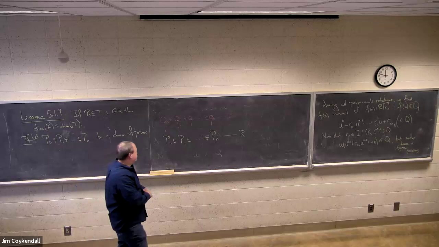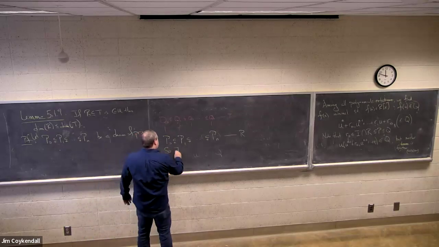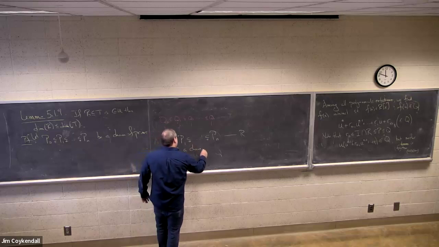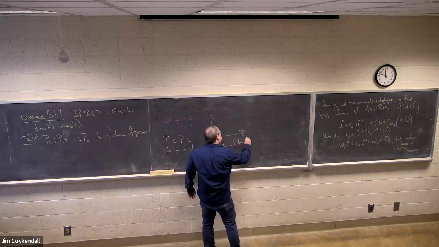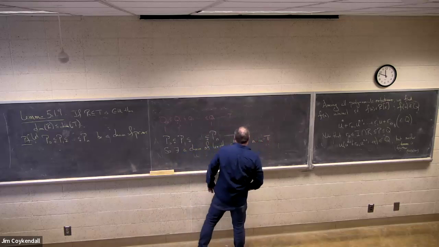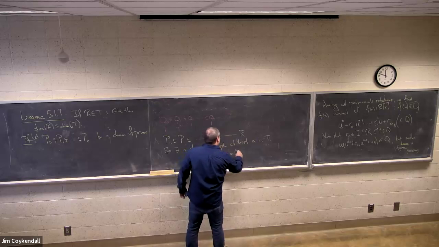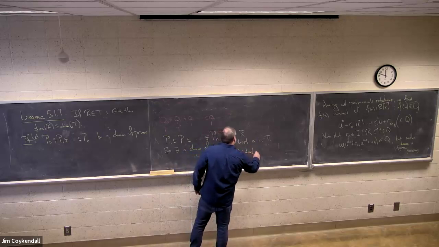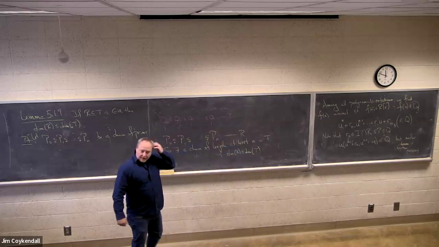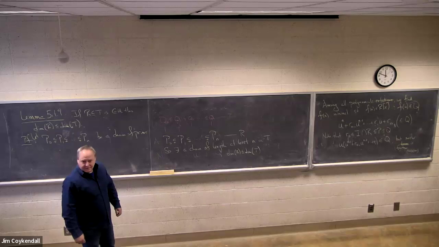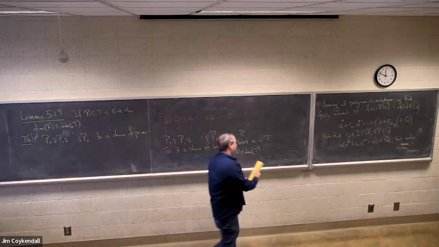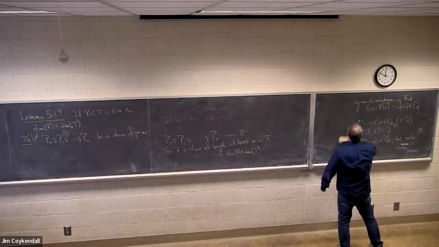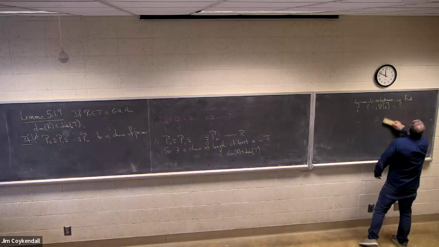Translation: there exists a chain of length at least n in T. So I've got dimension covered this way. Everybody okay with that? You could probably smell the next one coming.